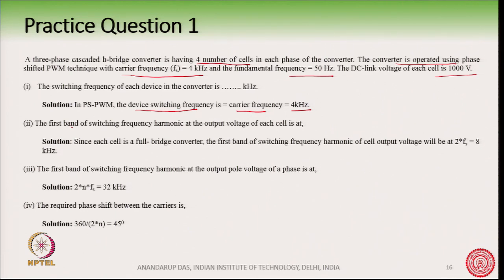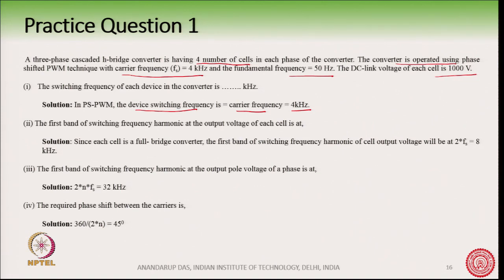The next question is the first band of switching frequency harmonics at the output voltage of each cell. Each cell is a full bridge, and the first band of switching frequency harmonics in the cell output voltage will be double the switching frequency of the devices or of each leg.